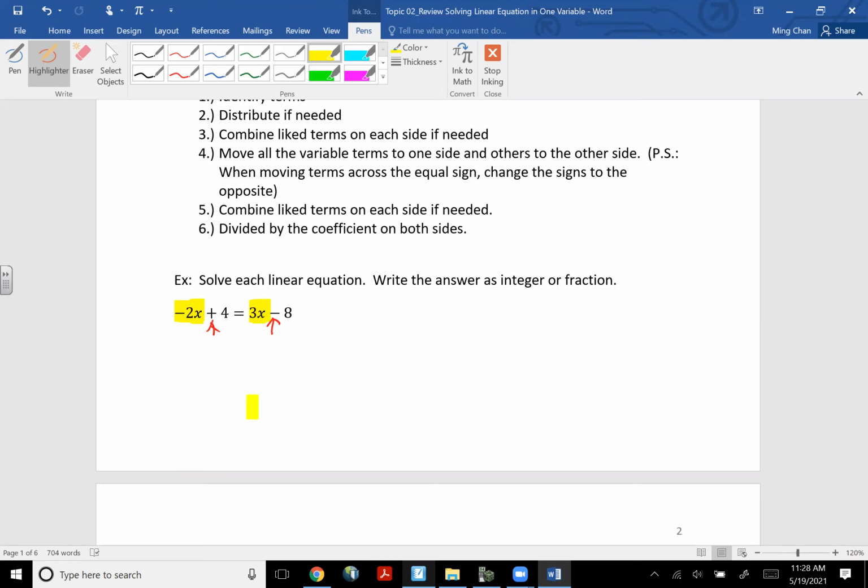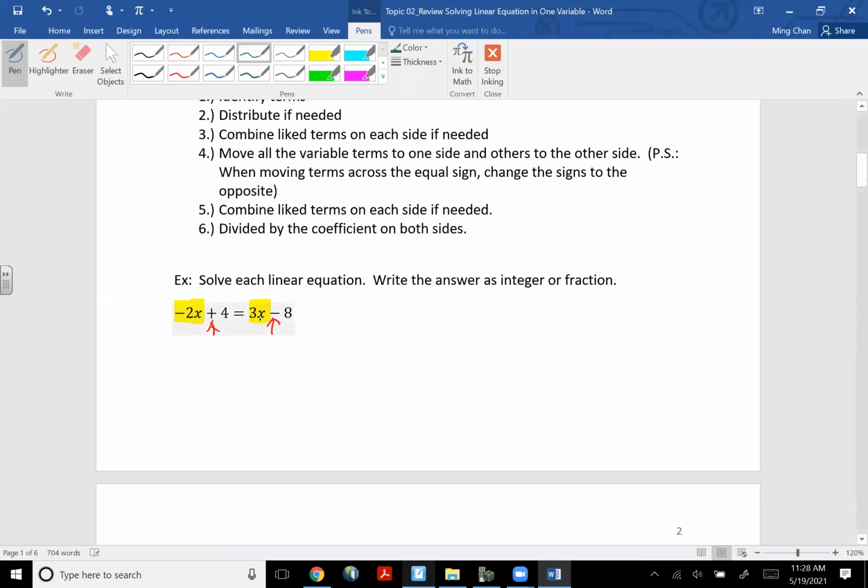The way you decide on that goes by who is bigger. Because if you move the variable term to the bigger side, then after you combine them, your coefficient will remain positive, because it's always easier to divide both sides by a positive coefficient. So you're not going to make many mistakes on your signs.